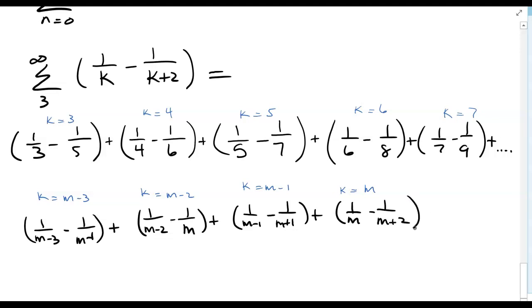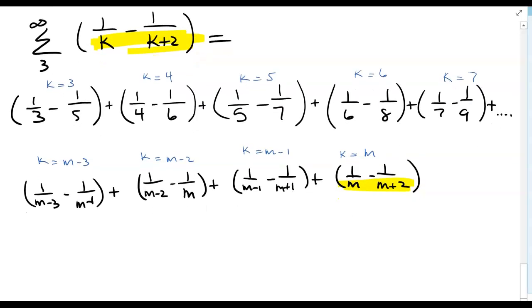Plus 2. So I did it until I got back to what looks like the original. What I wanted was that more general term.